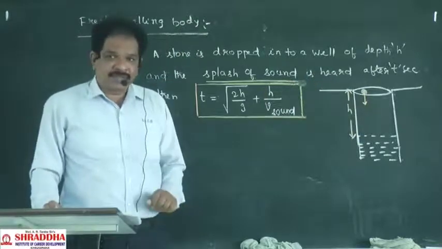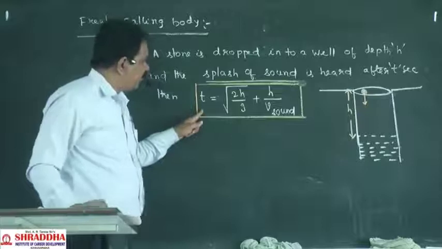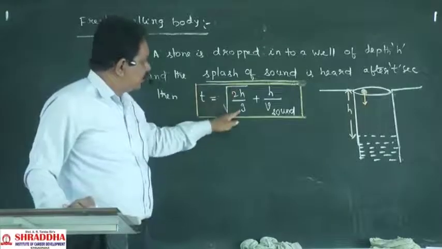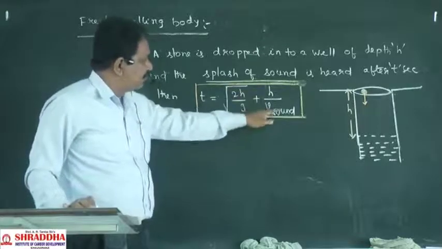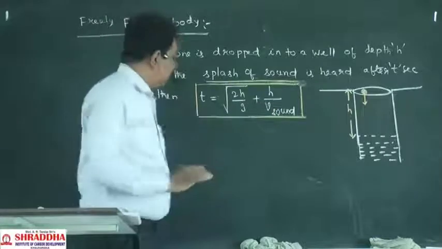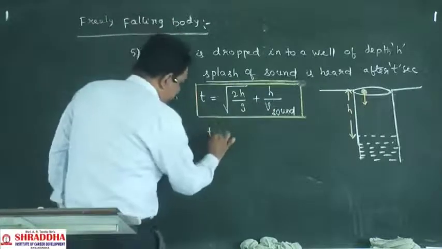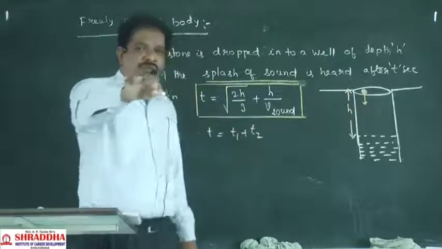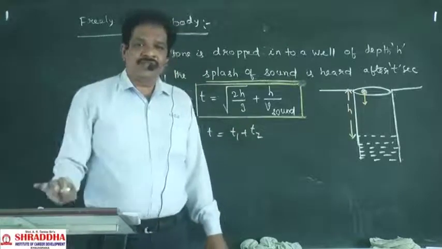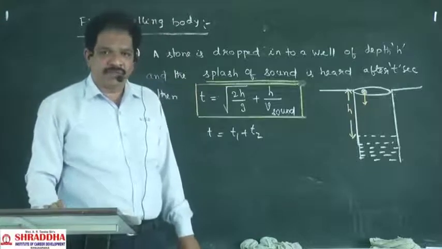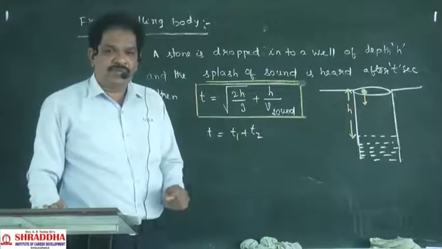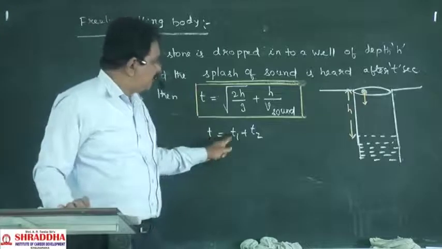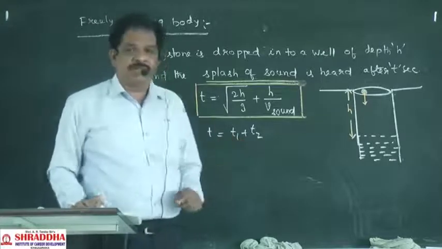In that case, you have to use the formula √(2h/g) plus h/v sound. Here, total time t means you dropped the stone and then you listen. Here two times you have to consider.